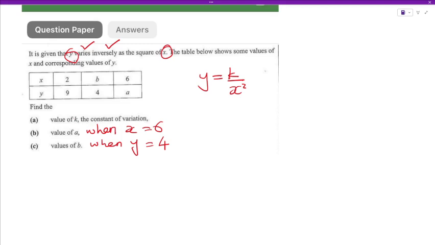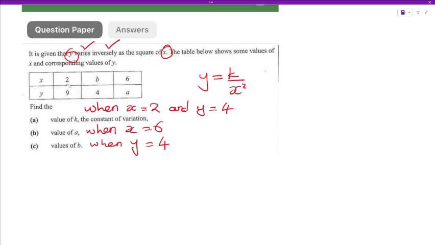Find the value of k when x is equal to 2 and y is equal to 9. Remember the format in the previous questions: whenever they ask us to find the value of k, they give us all the values for the variables in our formula. So we use a column that has corresponding values of x and y to find the value of k.